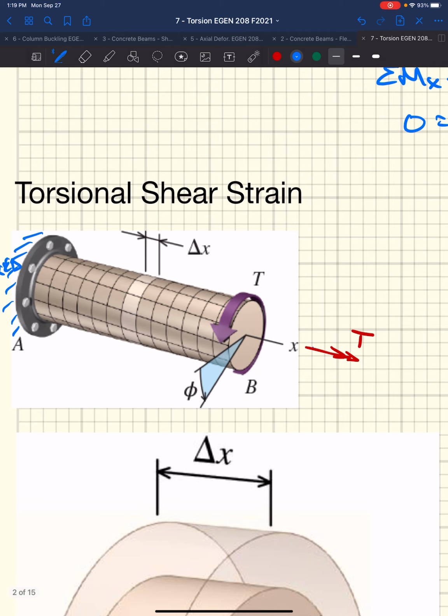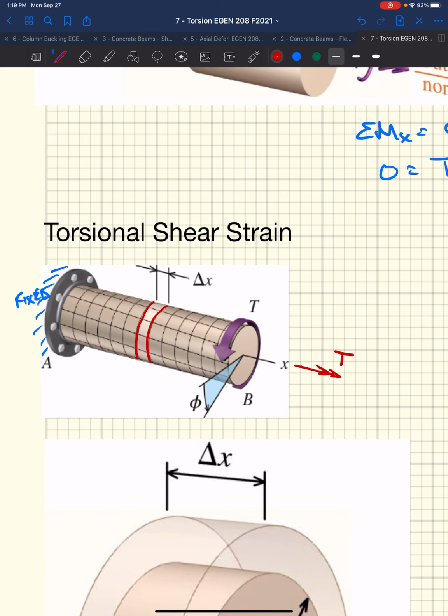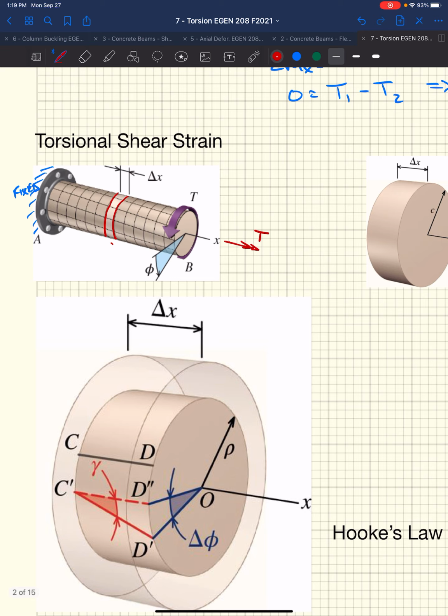Well, we want to look at this small section of shaft and look at what's going on in that little sliver of material. Okay, that's a delta X, or just a small portion of the total length, right?